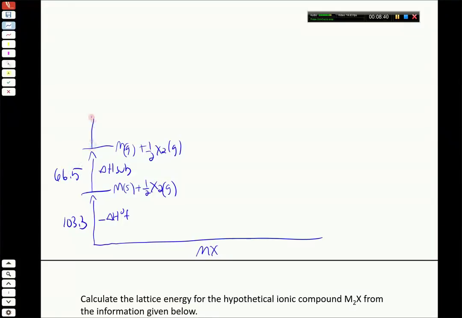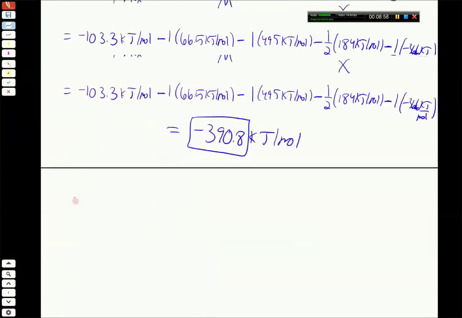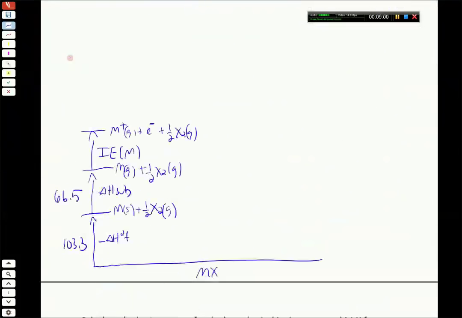Next step is to ionize the metal. This is a 1-to-1 ionic compound, so it's going to be just losing 1 electron. So go to M+. So we have ionization energy of the metal, which was 495, I believe.